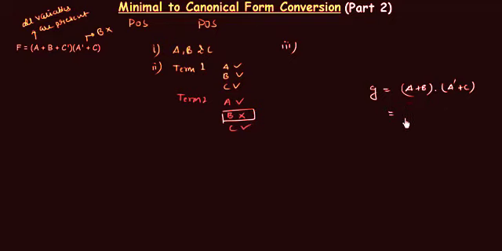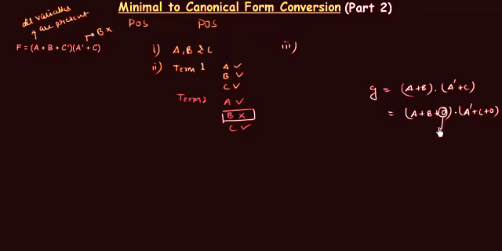They must be eliminated by using the Boolean algebra, because when you write the function from the truth table, we call it canonical form, and we have all the variables present. The variables are absent in the minimal form because of the reduction by using the Boolean algebra or K-map. So I can write (A or B or 0), and in this I can write (A complement or C or 0).